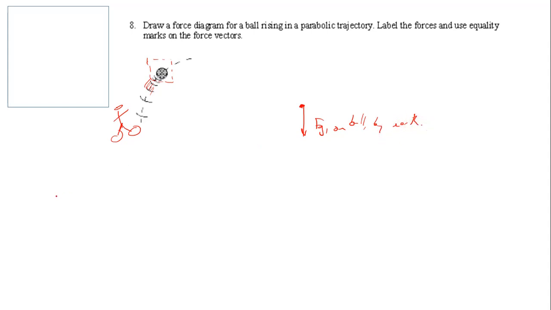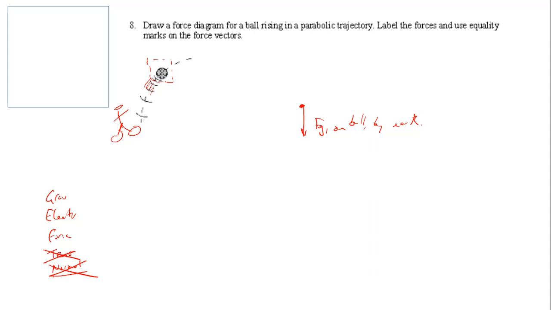Of all my other forces: gravity, electromagnetic, friction, tension, and normal. Normal is 90 degrees to a surface. There's no surface touching it. Tension is from a rope. There's no rope touching it. Friction is from something grabbing it and slowing it down.